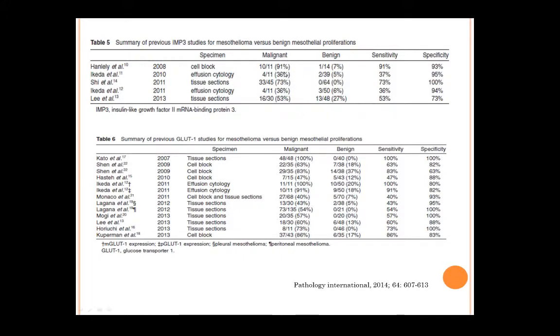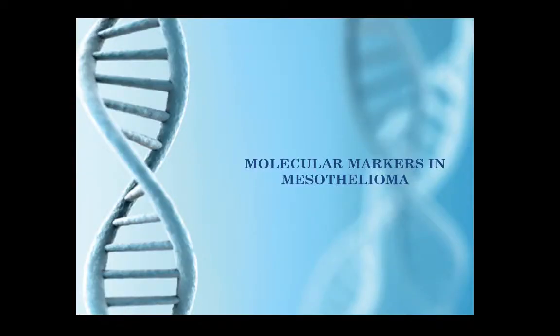However, the problem with these stains is that they can also be present in benign mesothelial proliferations. So the problem with these stains is that they work in a statistical way. In fact, a greater proportion of malignant mesothelial tumors express these two stains. However, they can be present also in benign reactions.